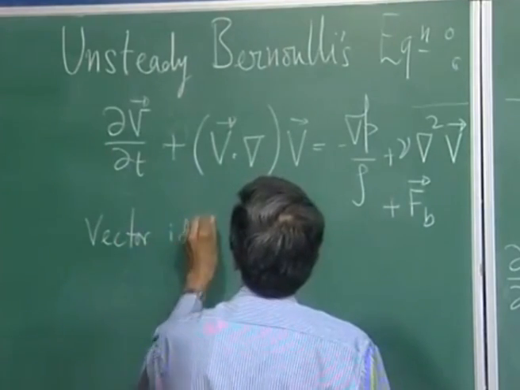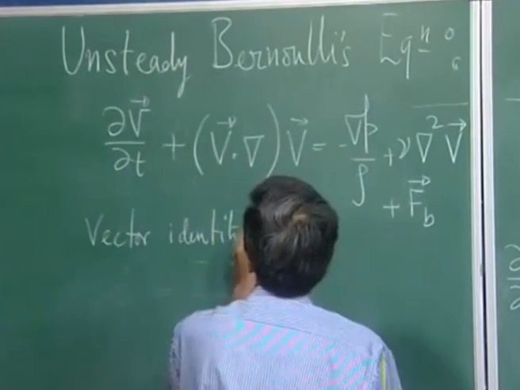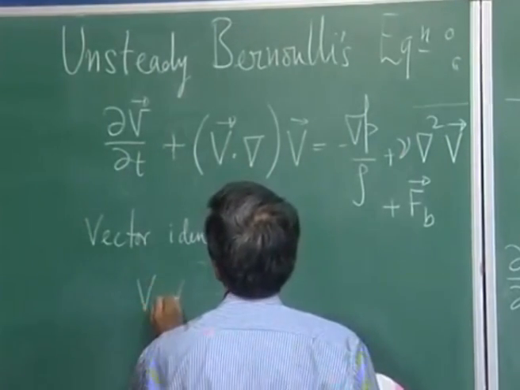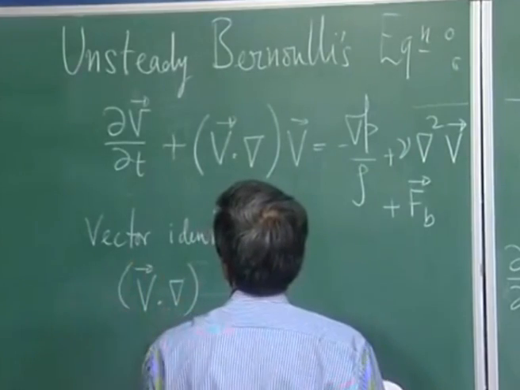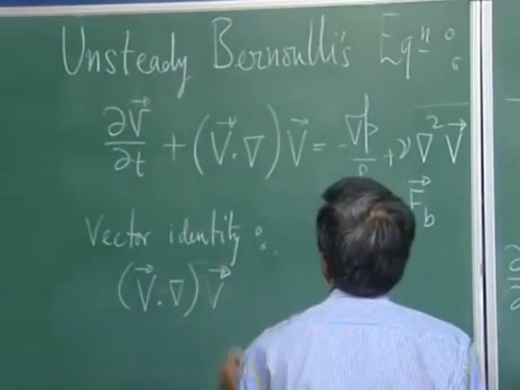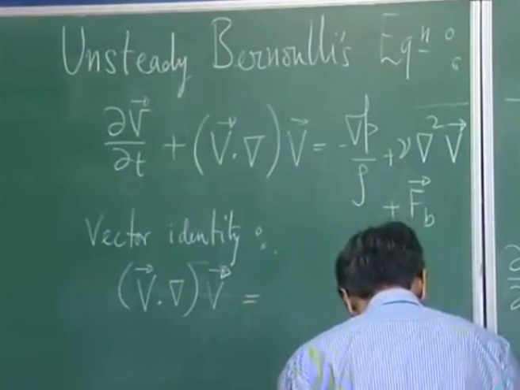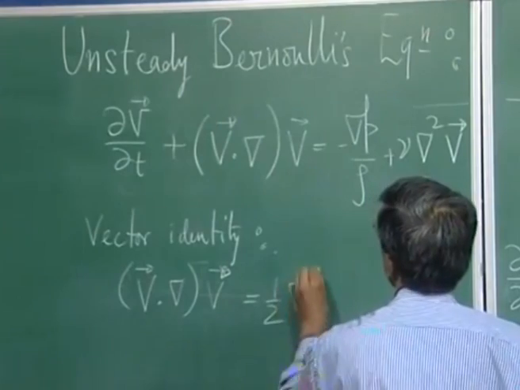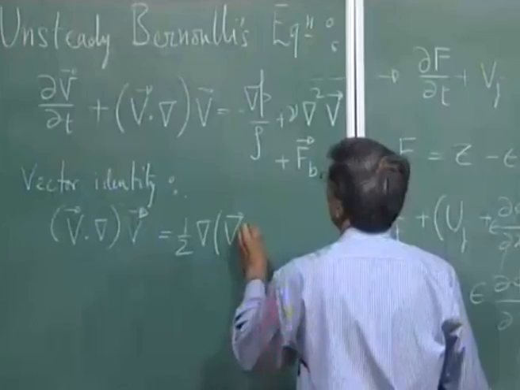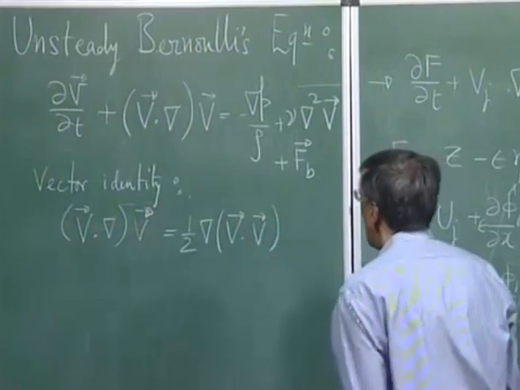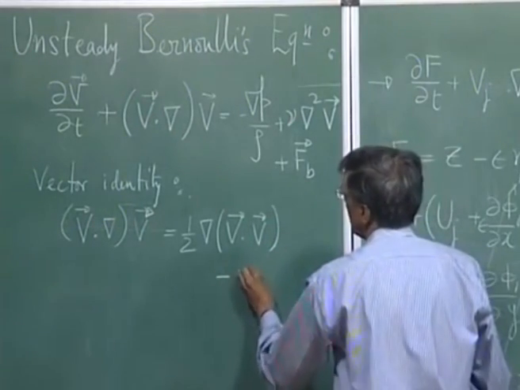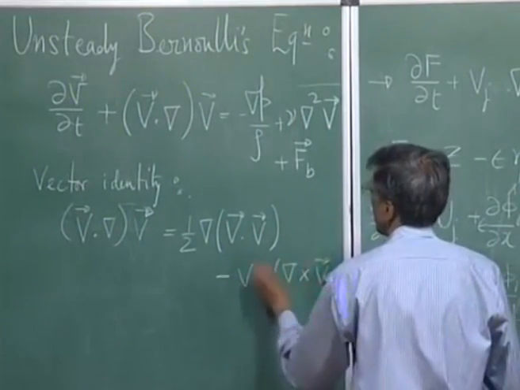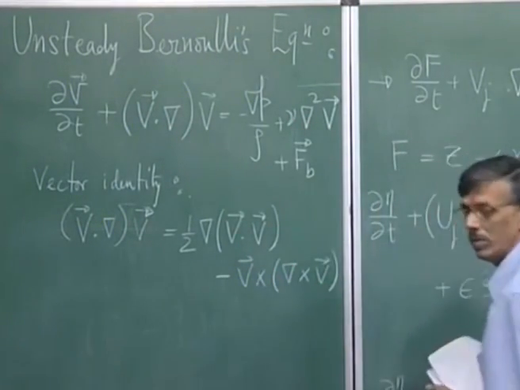It holds for any vector and we are going to use it for the velocity, which tells us that v dot del times v is nothing but equal to half gradient of v dot v minus v cross del cross v, right.